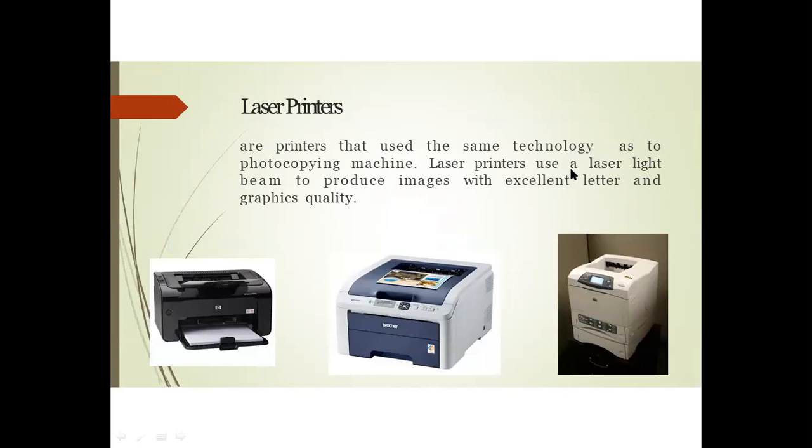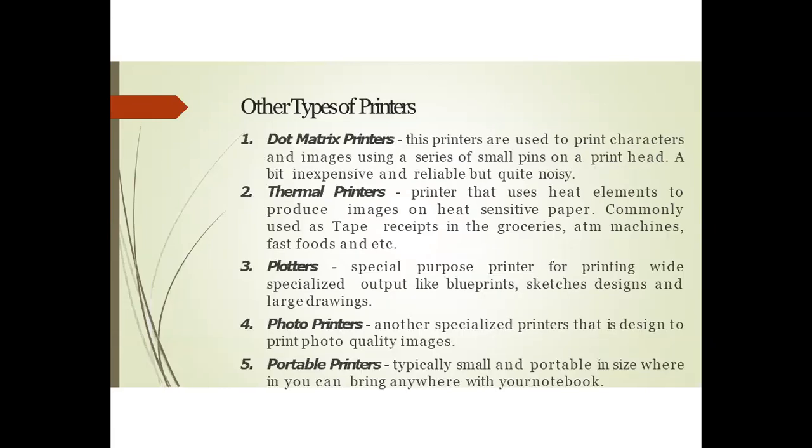Laser printers use a laser light beam to produce images with excellent letter and graphics quality. So mas mabilis ang processing niya compare with the inkjet printer. Mas mabilis siyang mag-print.